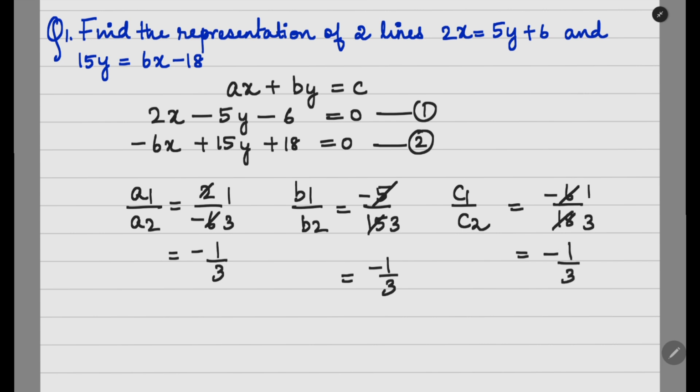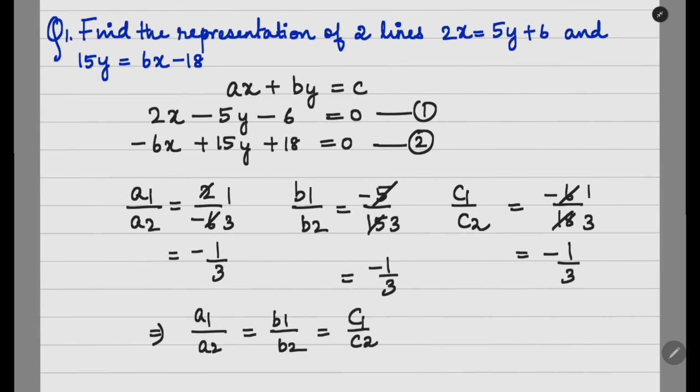Now, if you see, all of these three ratios are equal, right? Which implies a1 by a2 is equal to b1 by b2 is equal to c1 by c2.